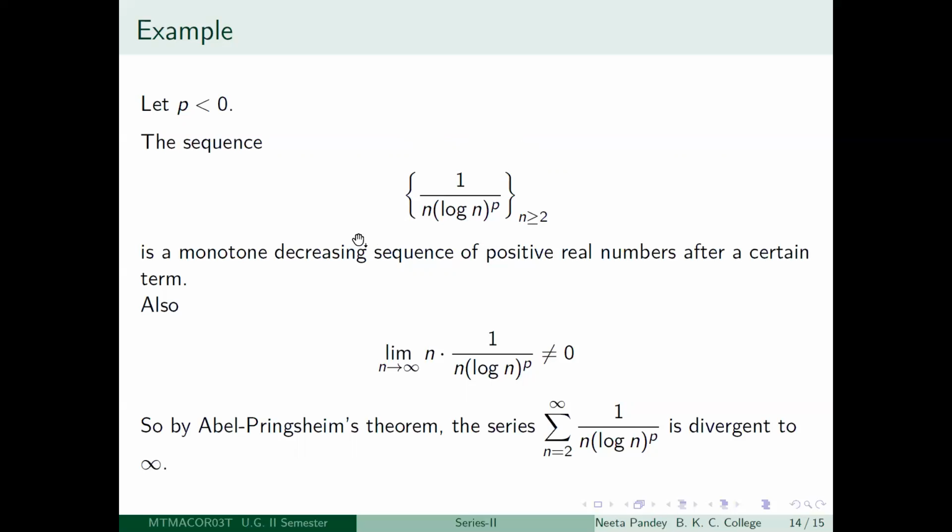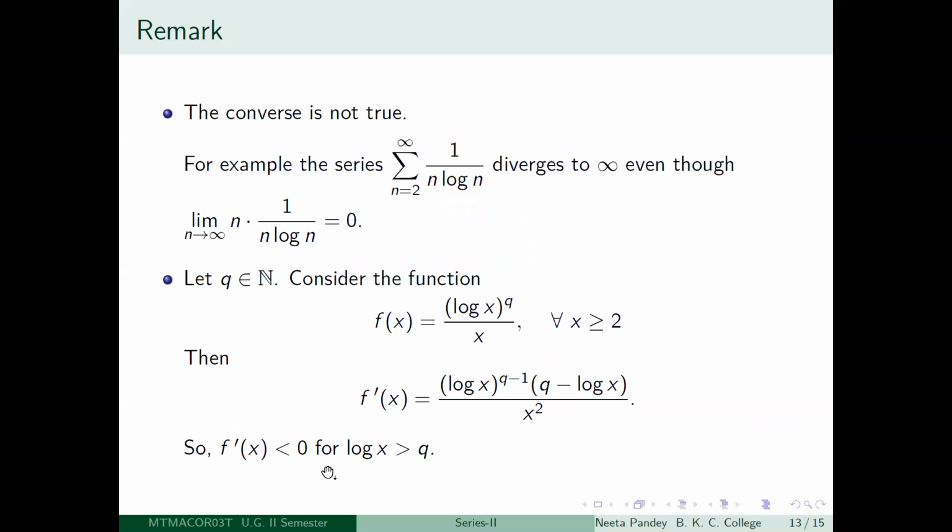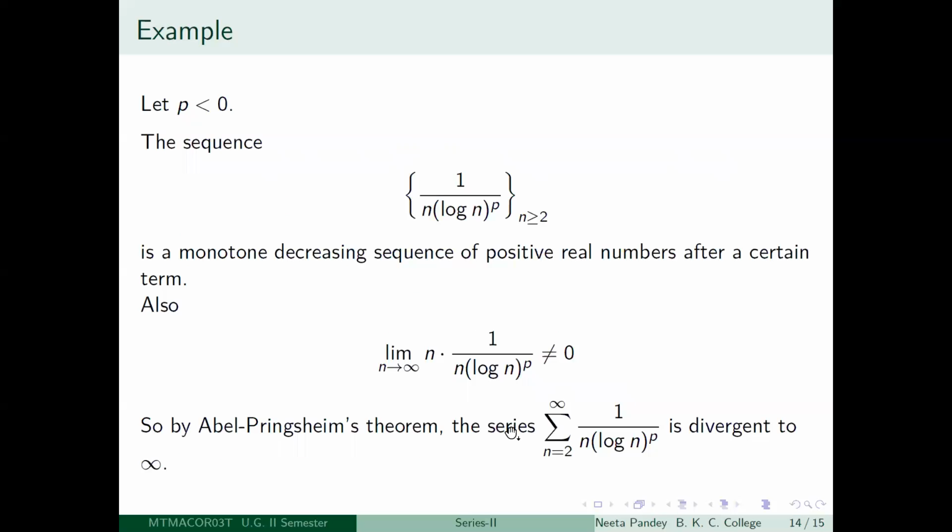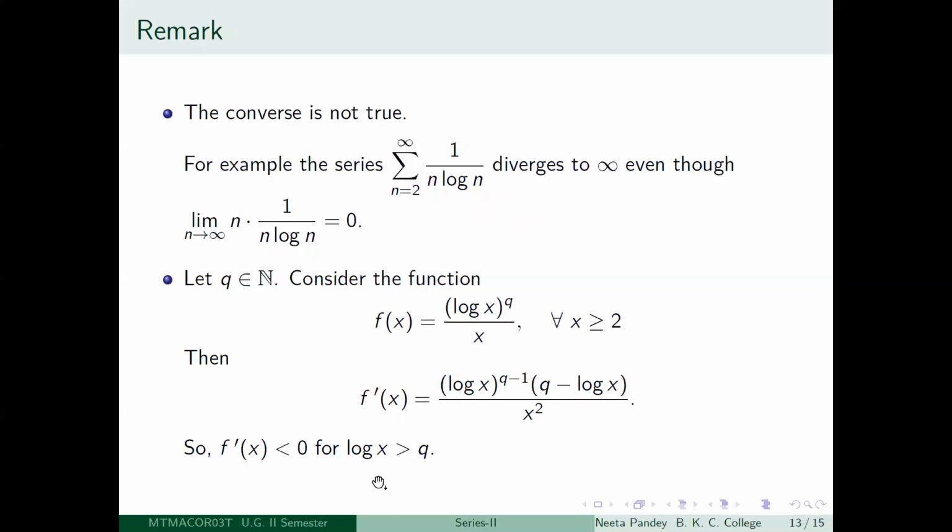Since this function is monotone decreasing in this range, this sequence will be a monotone decreasing sequence of positive numbers, not from the very beginning, but after a certain term, when n goes beyond the x such that log x is greater than q.